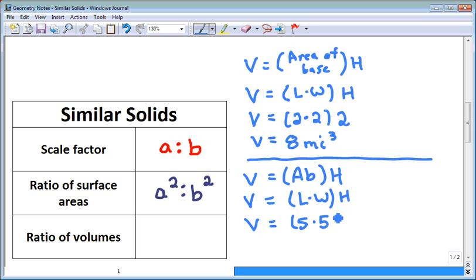For the other solid, it's 5 times 5 times 5. So my volume here is 125 miles cubed.